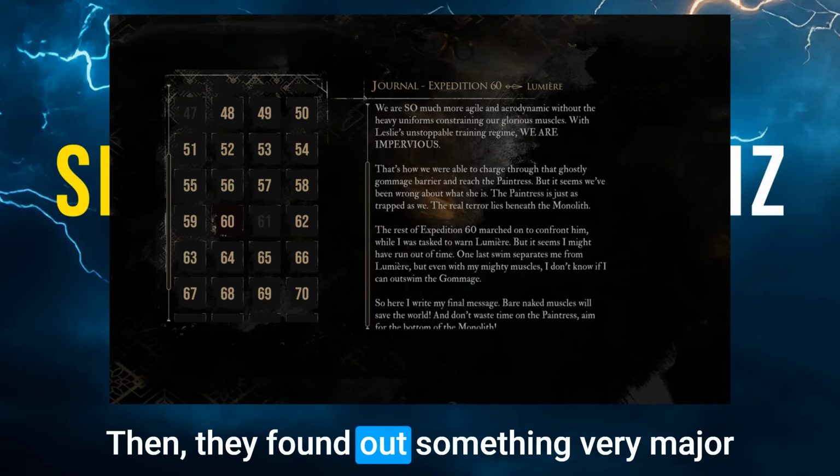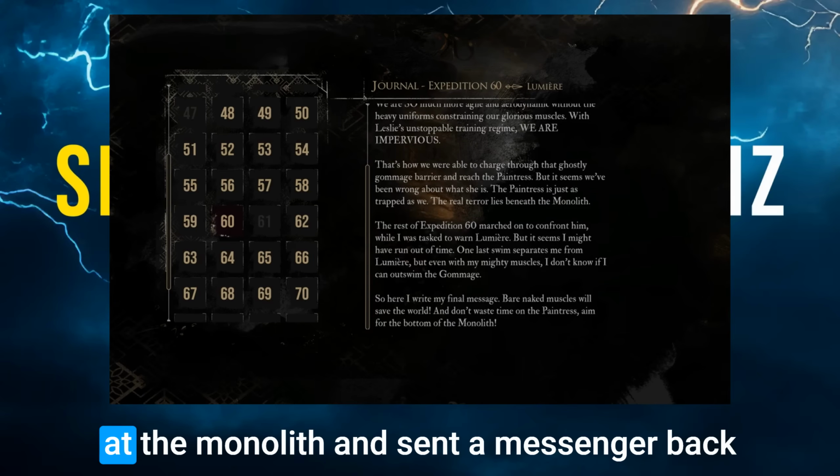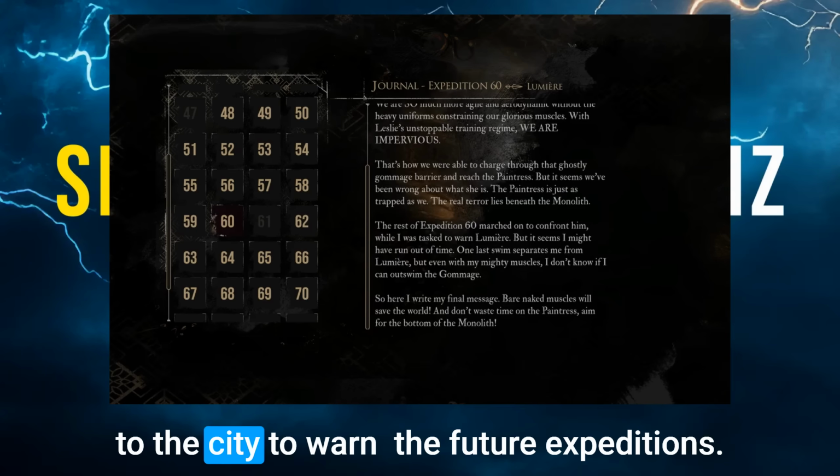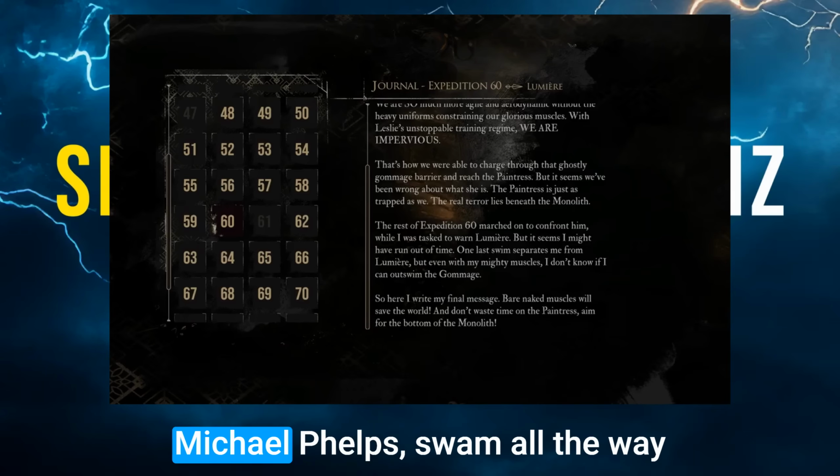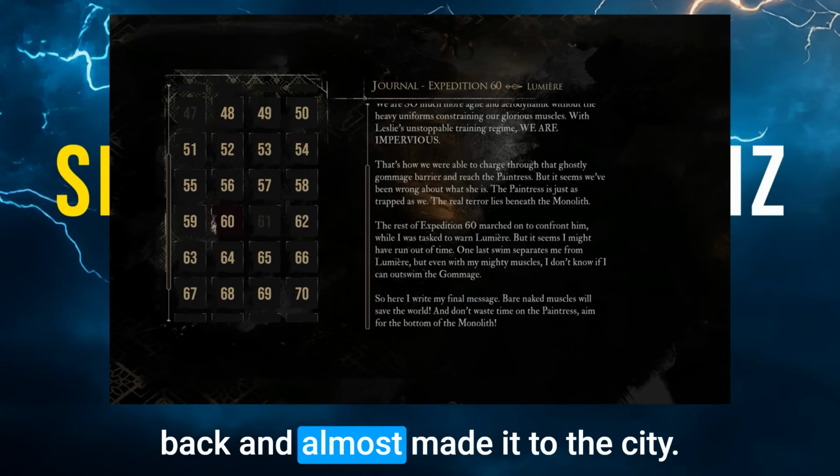Then they found out something very major at the monolith and sent a messenger back to the city to warn the future expeditions. And this 59-year-old Arnold Schwarzenegger, Michael Phelps, swam all the way back and almost made it to the city.